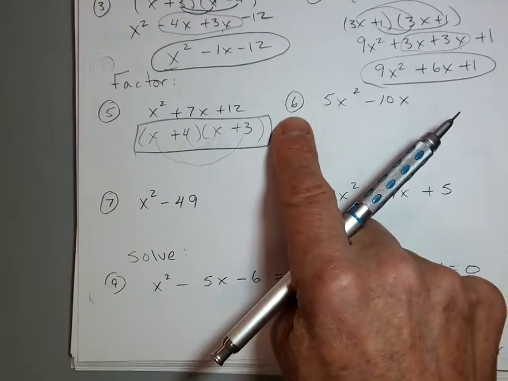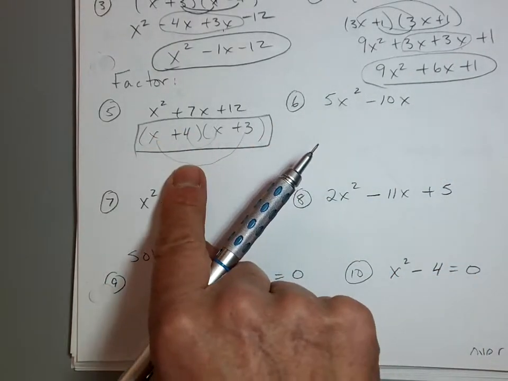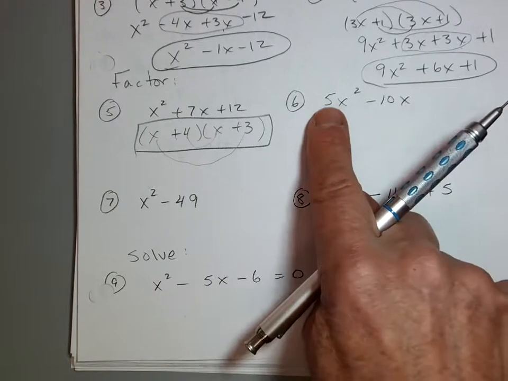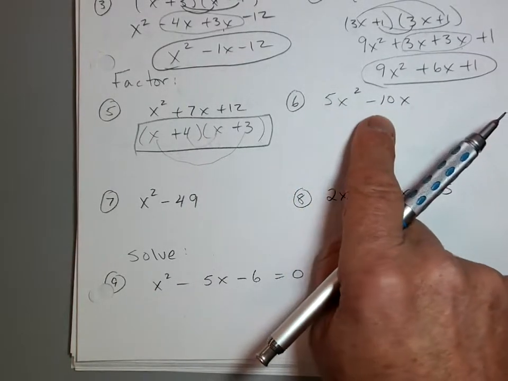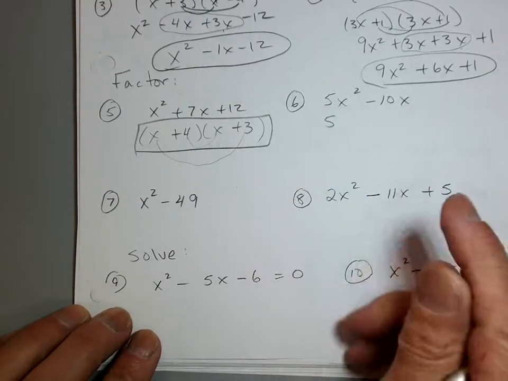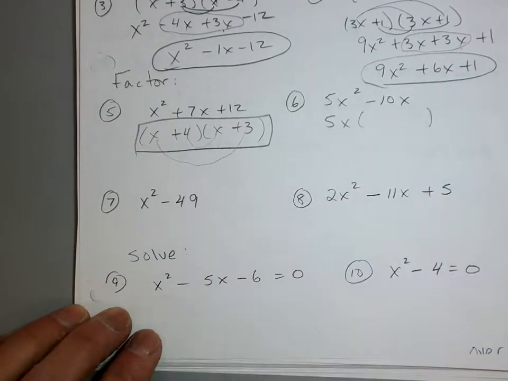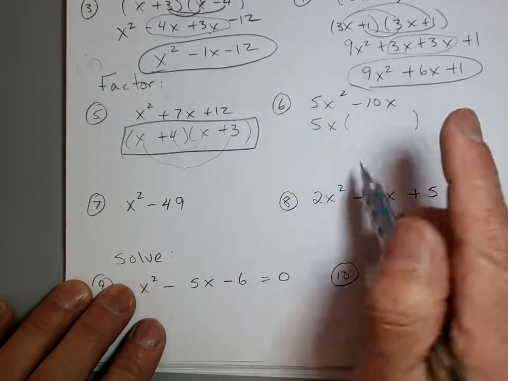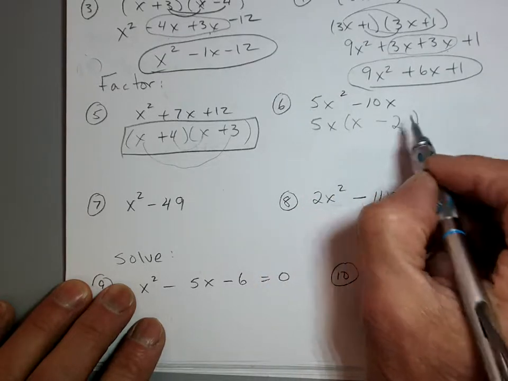Now 6. A lot of kids miss 6 because you want to do it like 5, but we're not. We're going to notice that they have a 5 in common, and we're going to notice they have an x in common. So we're going to common factor. They have a multiple of 5 in common. I'll factor that out. And they also have a common x. I'll factor that out. After I common factor out the 5x, I'll only have an x minus 2.